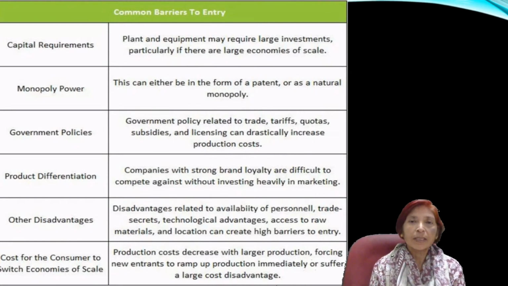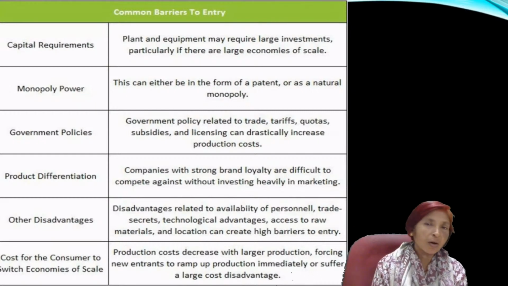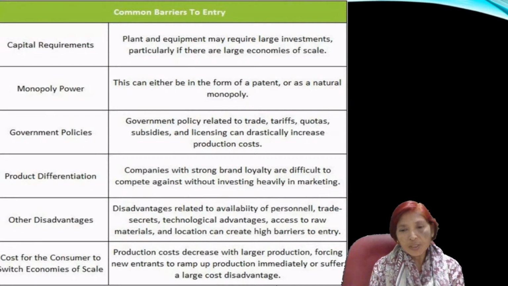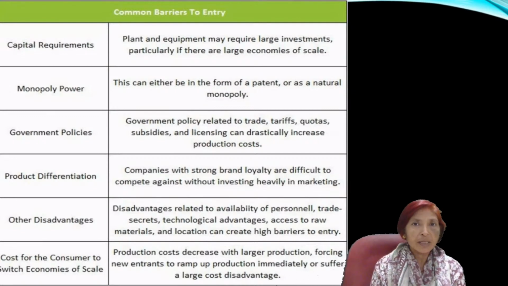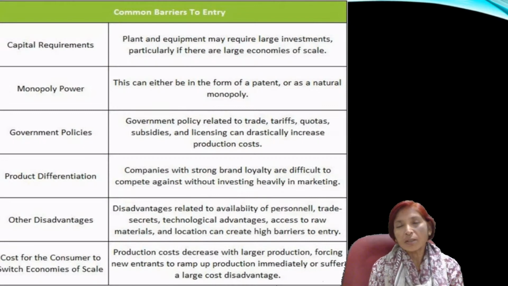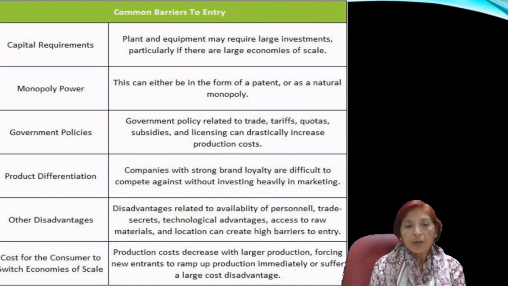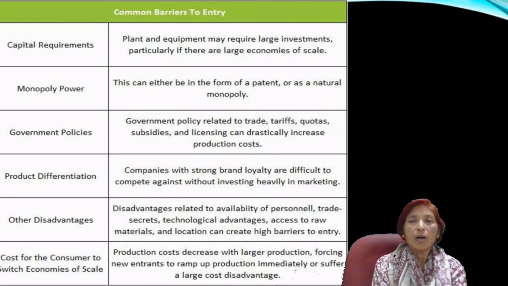So production cost decreases as we produce in a larger quantity, because while producing a large quantity of product we get some economies of scale, like internal economies of scale and external economies of scale, and due to receiving these economies of scale, production cost decreases, forcing new entrants to ramp up production immediately or suffer a large cost disadvantage. So these are common barriers to entry.